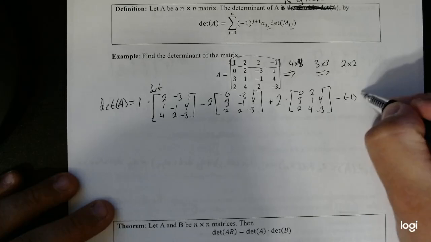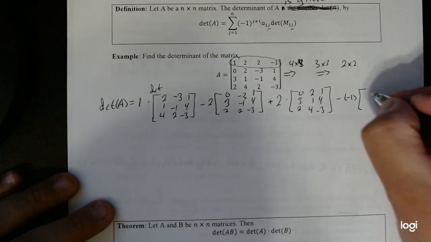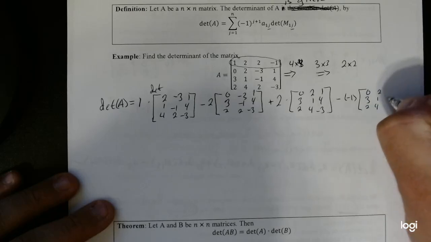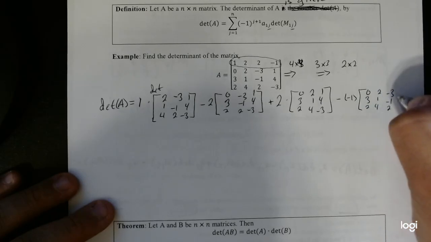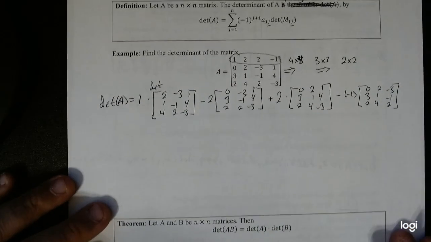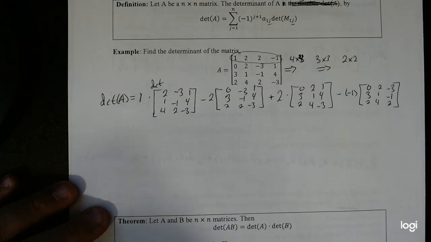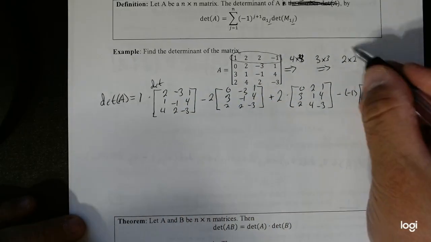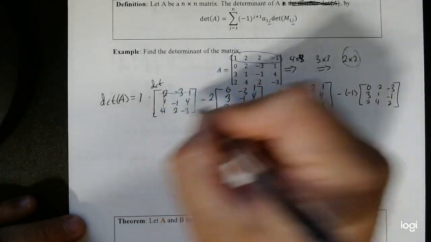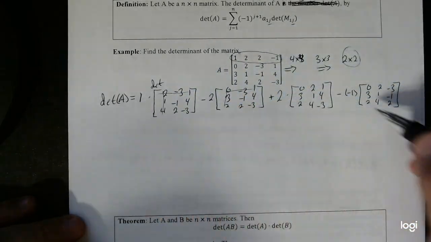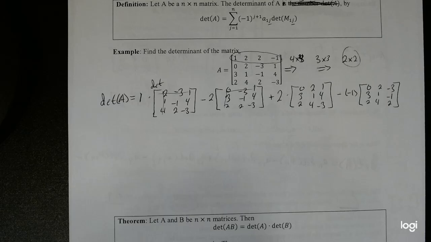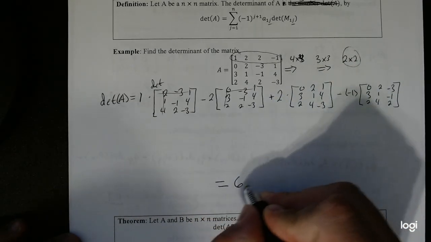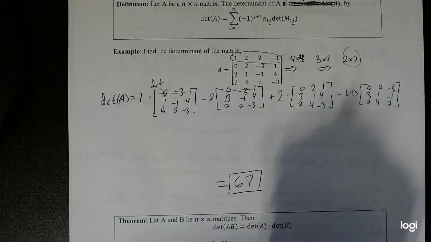And if you notice now, it breaks down even more. So now we go back down to 2 by 2 and do the same process. Oof, it becomes a complete horrible mess. Or you could just take my word for it, and this ends up being 67 at the very end.